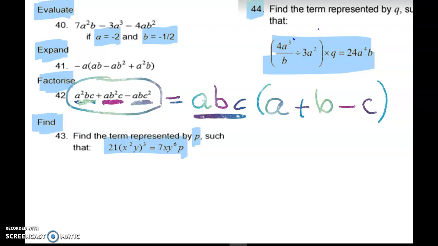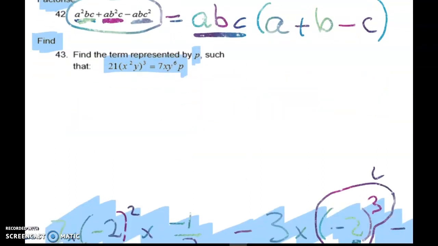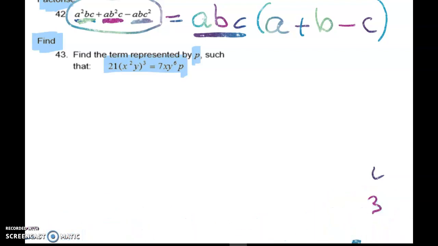Okay, so I've got 8 minutes left to do questions 43 and 44. They're both a little bit the same. Let's have a look. We have to figure out what P is. So we've got this thing here.